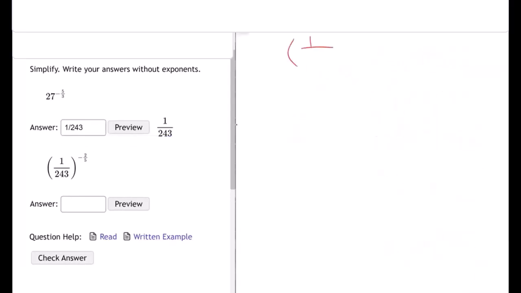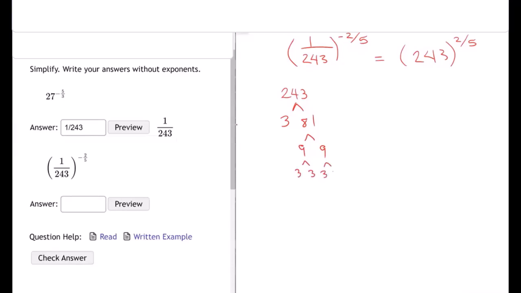I have 1/243 to the -2/5 power. This is equal to 243 to the +2/5 power. What is 243? Factor, I know I can divide by 3. I get 81, divide by 9 and 9, 3 and 3, 3 and 3.